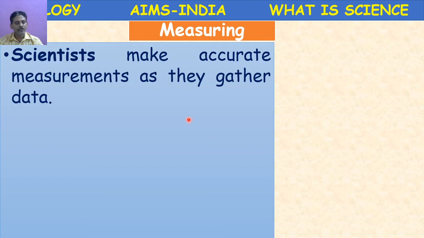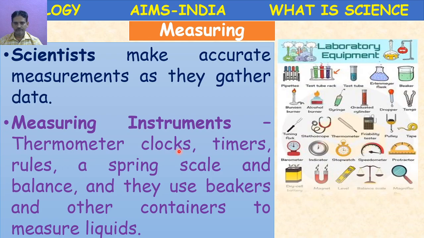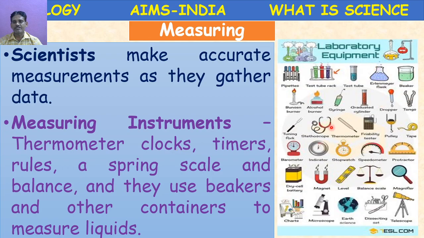Scientists make accurate measurements as they gather data. Okay, they use different types of measuring instruments like thermometers, clocks, timers, a balance, a spring balance or spring scale, and different types of beakers and other containers to measure liquids.